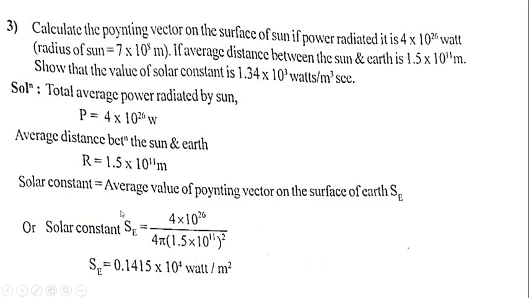So solar constant equal to average value of Poynting vector on the surface of earth, that is denoted by SE, or solar constant SE equal to 4 into 10 raised to 26, that is the power radiated by sun, upon 4 pi, R is 1.5 into 10 raised to 11 bracket square. So therefore solar constant SE equal to 0.1415 into 10 raised to 4 watt per meter square.